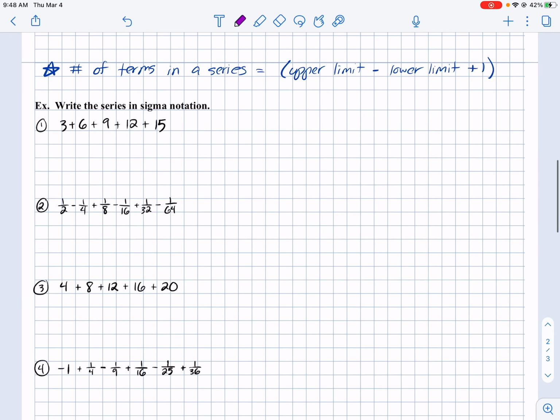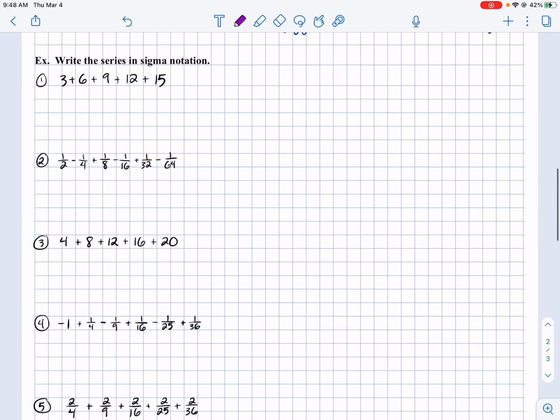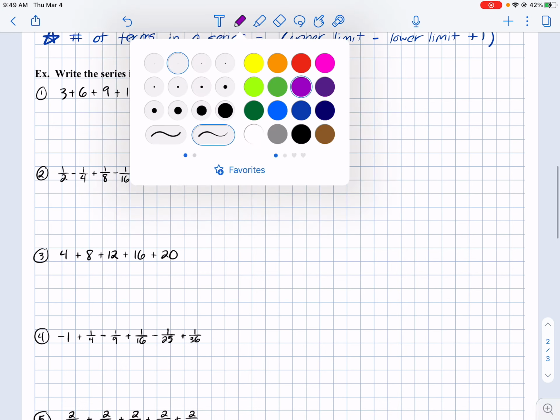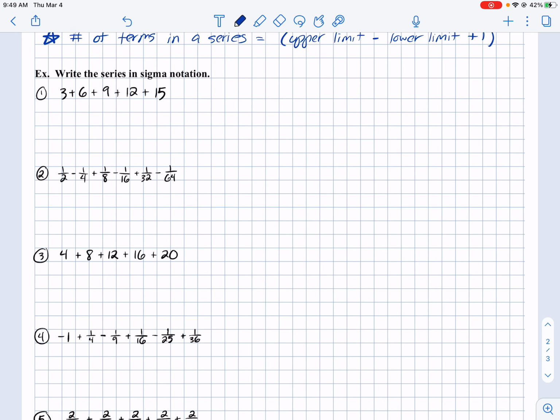Okay. Now let's do the opposite. Now I'm going to give you a series, and I want us to write it in sigma notation. Well, first thing you should notice is what's the rule? We're going up by 3 here. It's 3, plus 3. And then we're almost always going to start with a lower limit of 1, n equals 1.